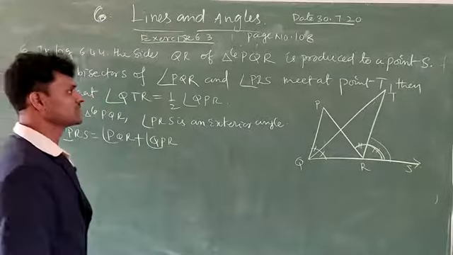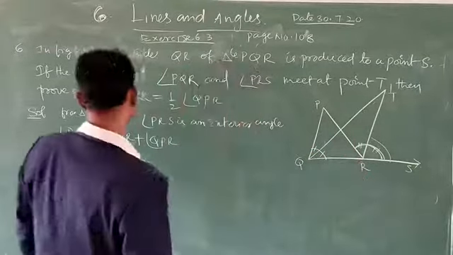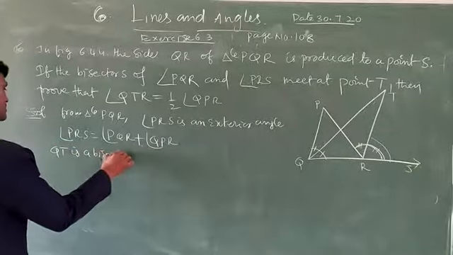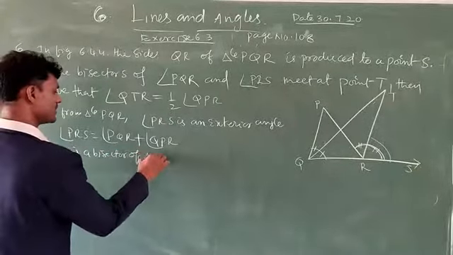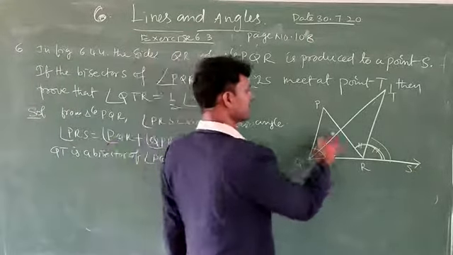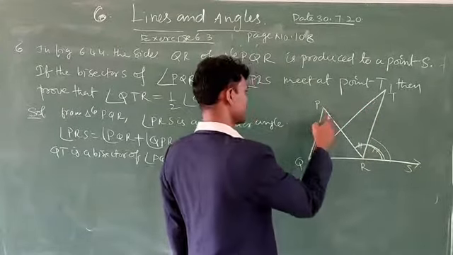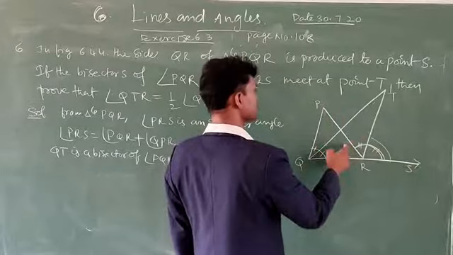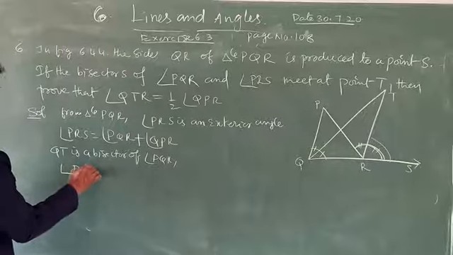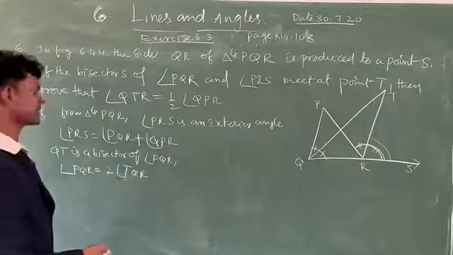But here QT is the bisector of angle PQR. Then both these angles are equal. Then angle PQR is equal to 2 times angle TQR. Both angles are equal, that's why you can write 2 times.